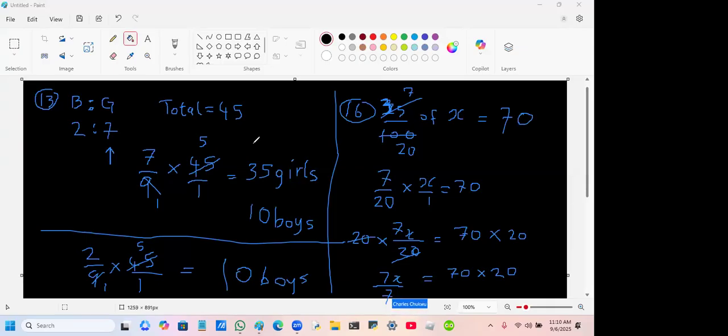So you can see it already. 7 will cancel itself. Then don't forget when you're dividing the right hand side by 7, look at what will happen.